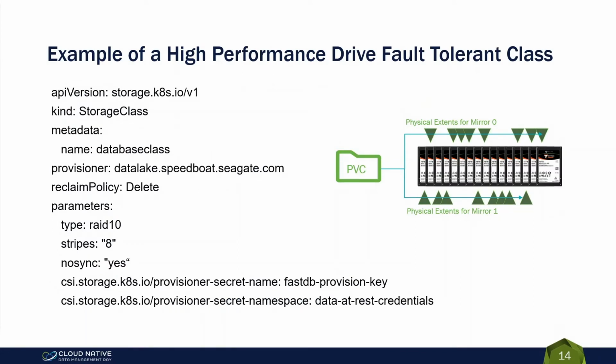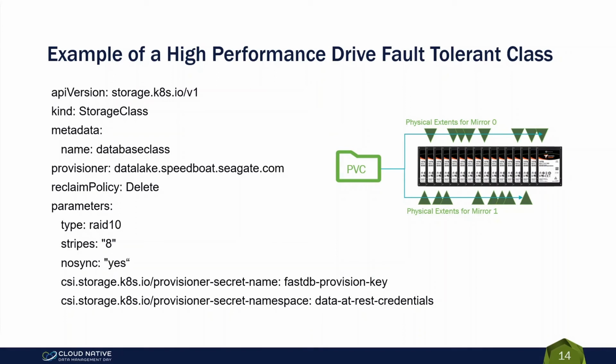Here's a quick example of how storage class parameters control the creation of a persistent volume claim. By specifying RAID 10, we now dictate that all data will be written to 2 drives simultaneously. Specifying stripes equal 8 means each leg of the mirror will have 8 physical drives participating. This enables the potential of high throughput and spreads the load.